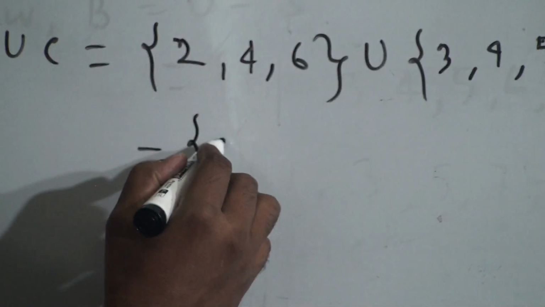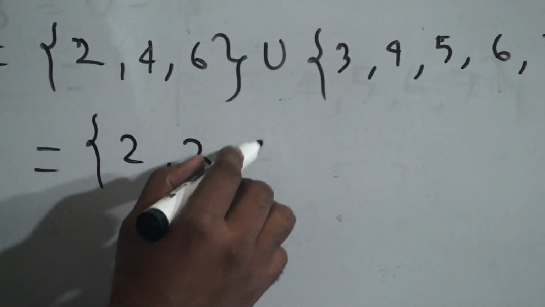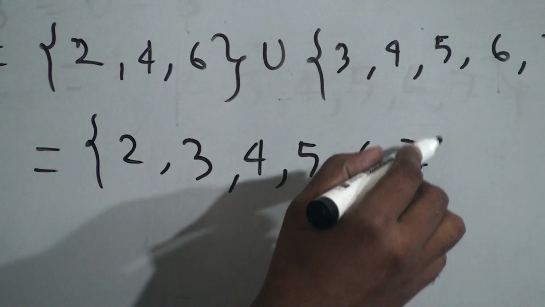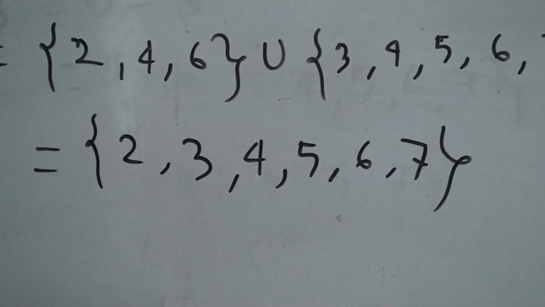That means 2 3 4 5 6 and 7 are the elements of this set. Now we can find out the value of right hand side.